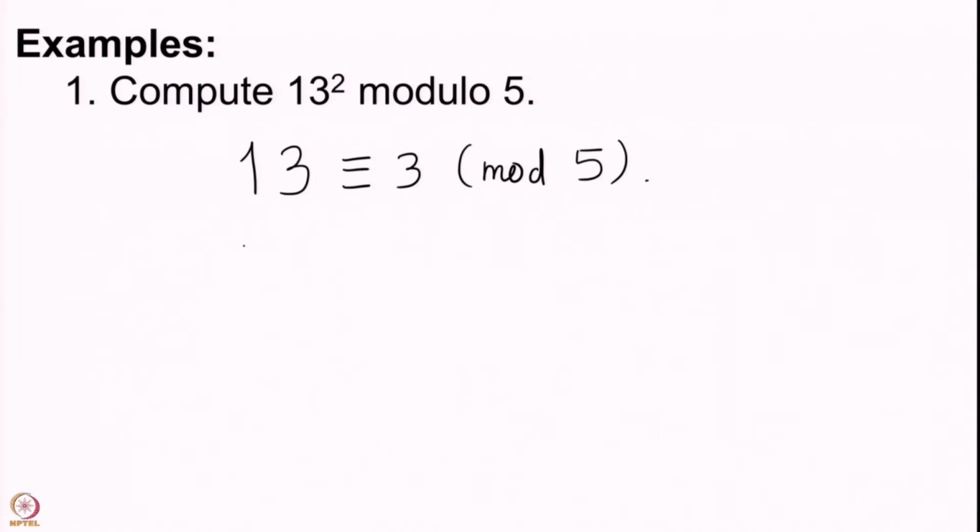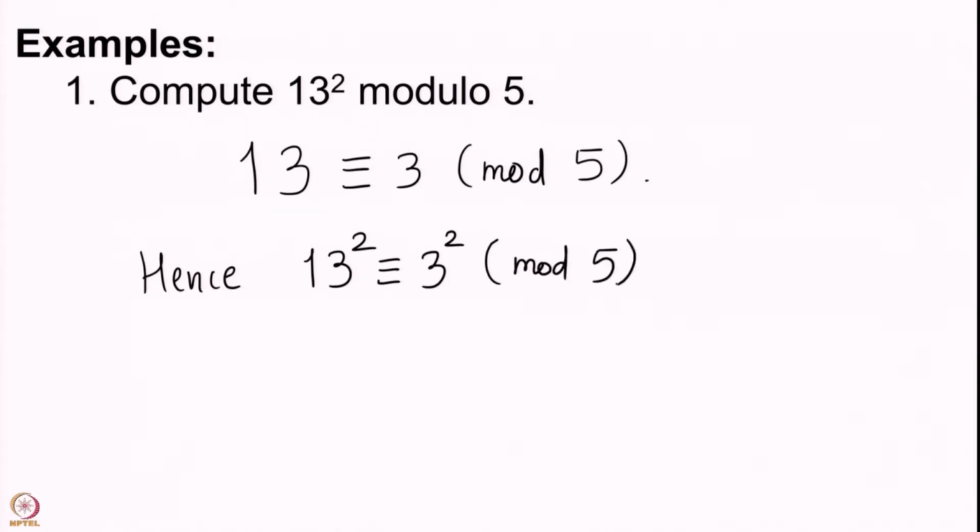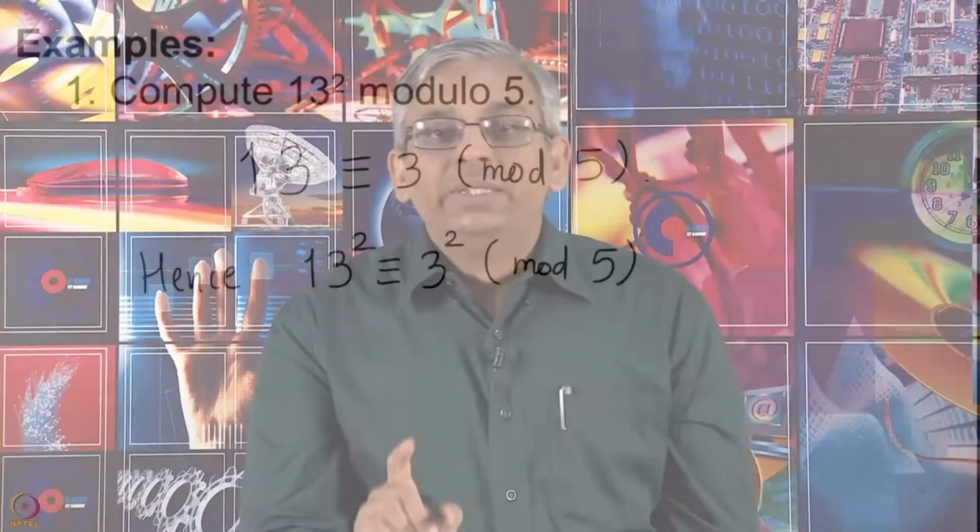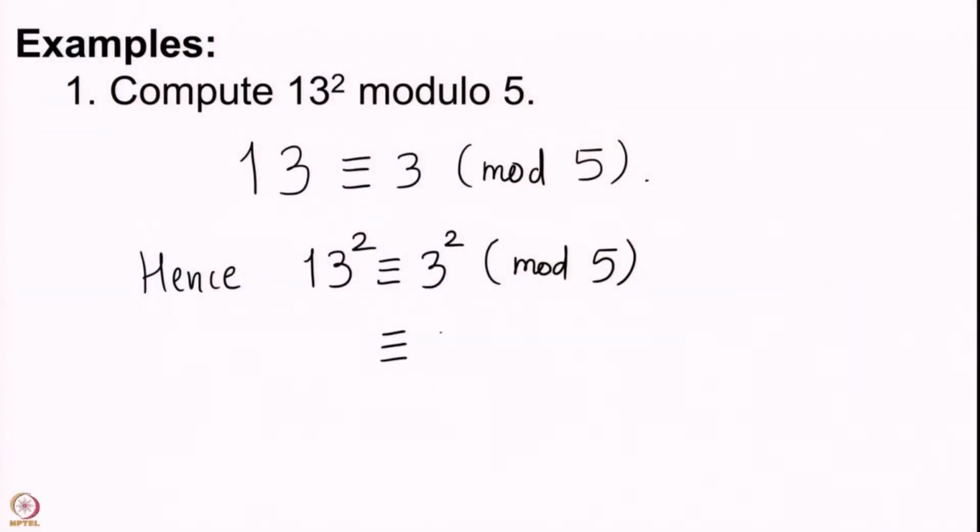Therefore, if I wanted to compute the square of 13, this would be same as computing the square of 3. Of course, many of you would know what is the square of 13 right away, but if you do not know, be at ease, because we are doing the arithmetic modulo 5, and therefore, it is enough to compute the square of 3, which is 9.